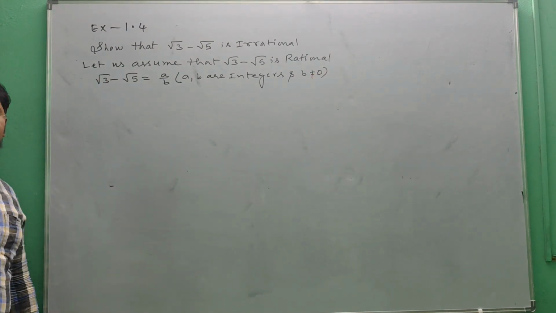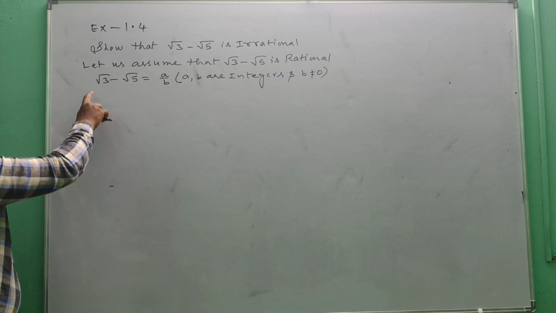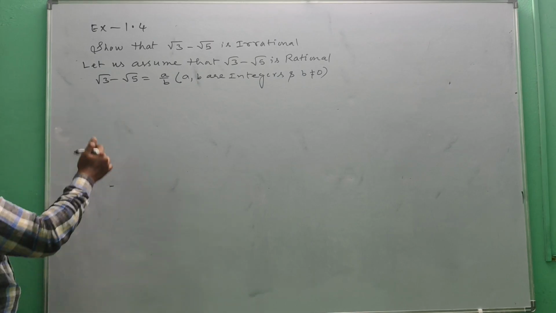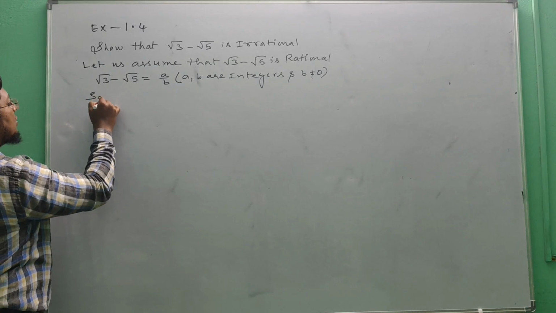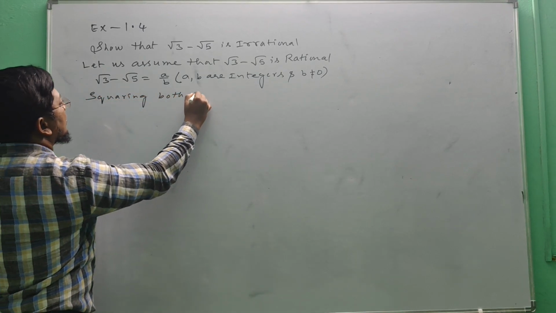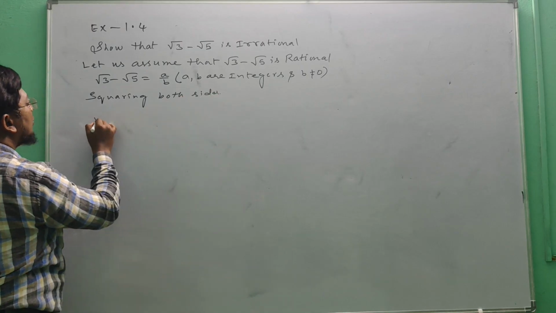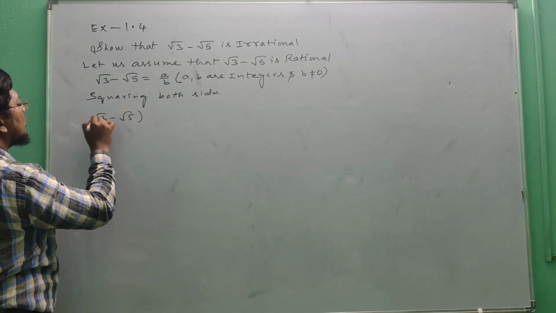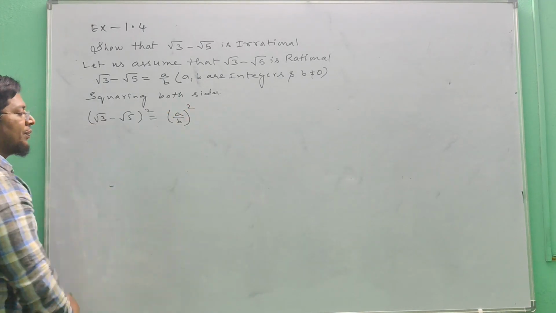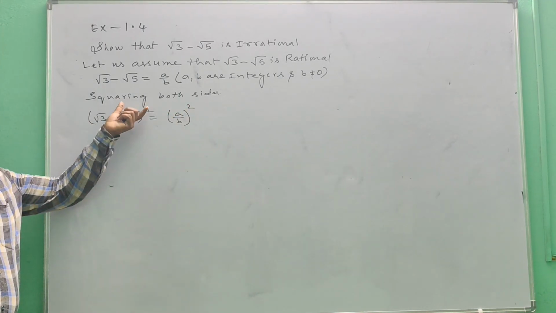Same as the previous, we have done. Both are unlike terms, we cannot add and we cannot subtract. Same, we have to take the formula, squaring both sides. Root 3 minus root 5 whole square is equal to a upon b whole square. So it is in the form of a minus b whole square.